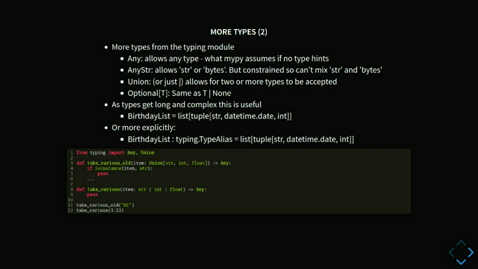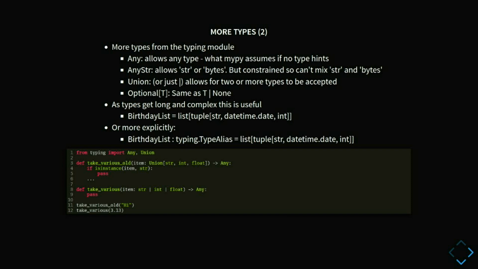On the take_various, the second one, now we actually have, I think this came in 3.10, we can use the OR bar in type hints to let us define union type hints. And that is used a lot.